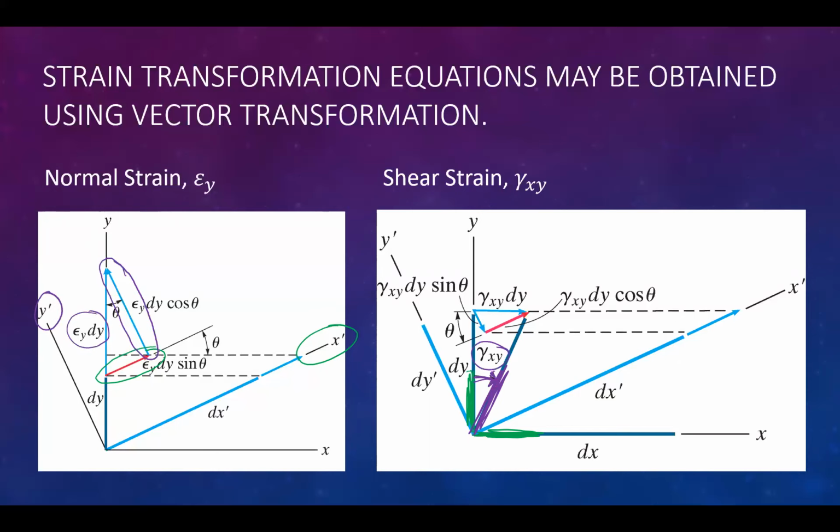Well, in doing so, this point here moves to here, and we can represent that by breaking that up into the components. And once again, this movement from this point to here carries with it a vector component in the x prime direction.